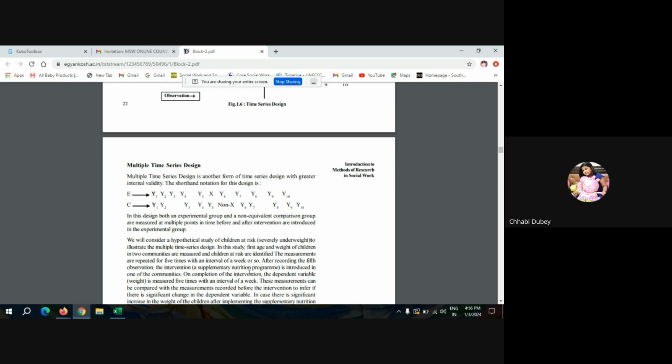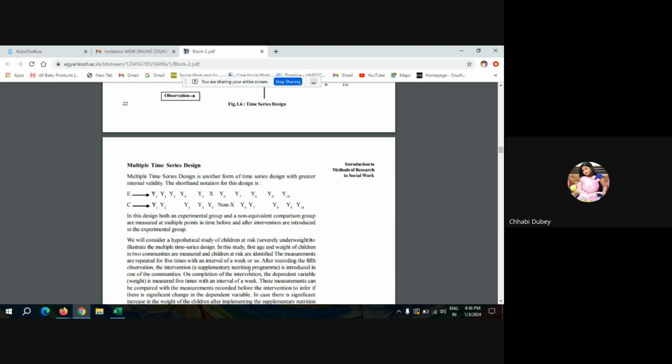In this design, both an experimental group and a non-equivalent comparison group are measured at multiple points before and after the intervention is introduced in the experimental group. So every time we take the measurement, we include the stimulus, and then we take the measurement again.